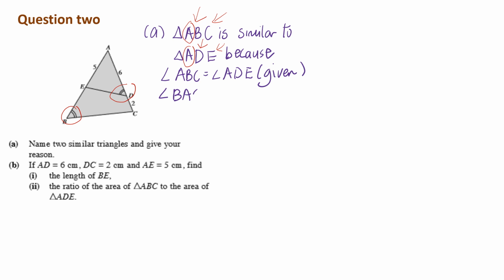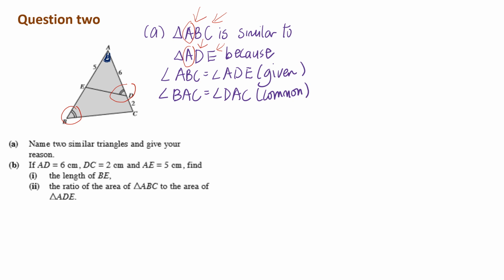The second pair of angles that are the same will be BAC equals DAE, and here we have to deduce it ourselves. We deduce it as a common angle. Common is this angle that is in triangle ABC and is also an angle in triangle ADE. So it's common. Common means I have it, you have it also.